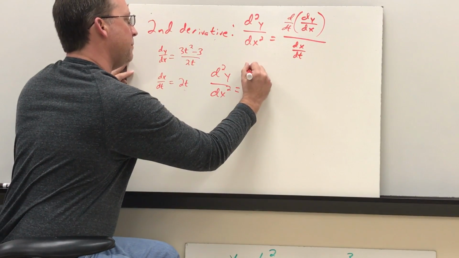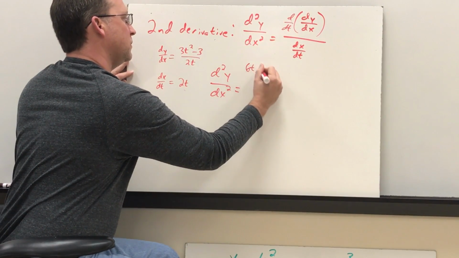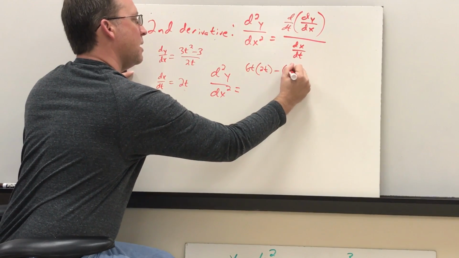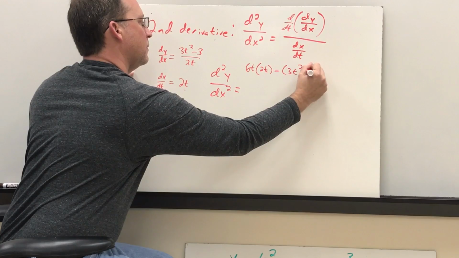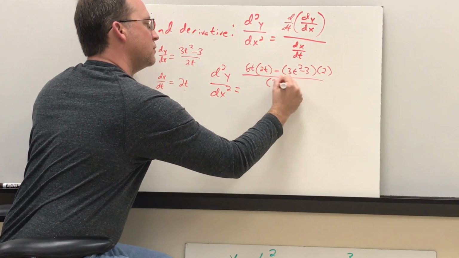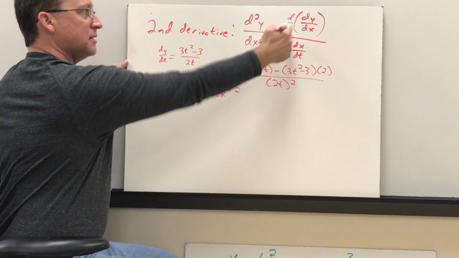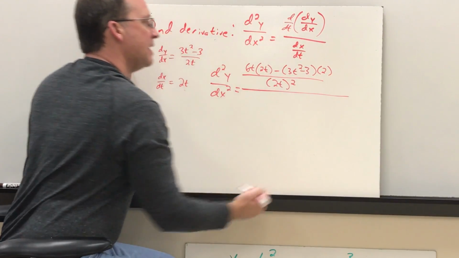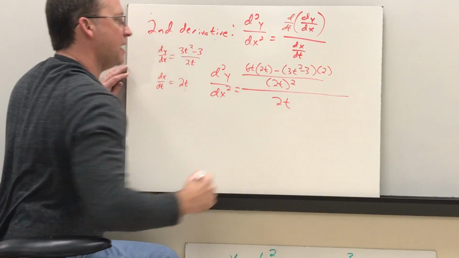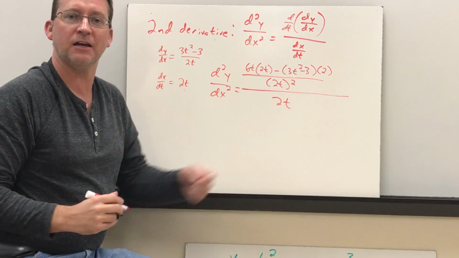The derivative of the top times the bottom, minus the top times the derivative of the bottom, over the bottom squared. That's the top of this derivative, and that's going to go over just dx/dt. Just that. That's an expression for the second derivative.